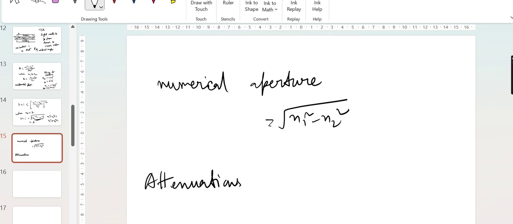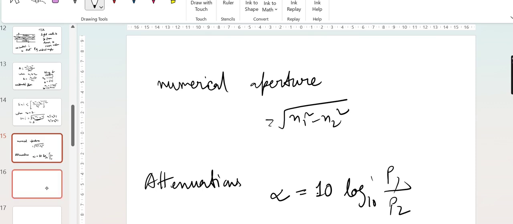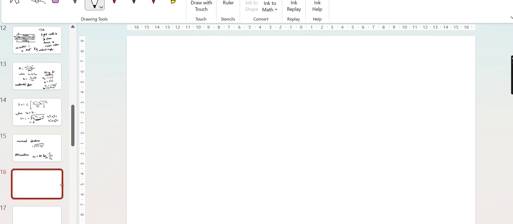That attenuation is given by alpha, which is on a log scale, log base 10 of P1 over P2. P1 is the input, P2 is the output. And we prefer the attenuation to be very low in the optical fiber.